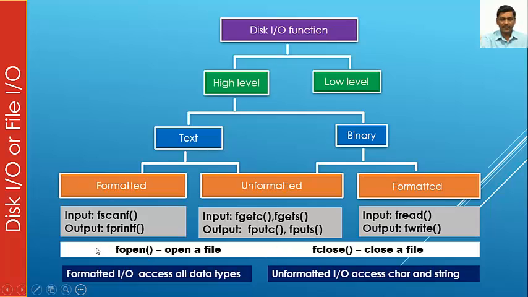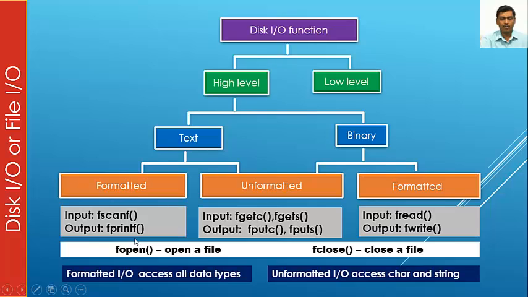First we want to open the file. Files are always stored in the hard disk, that is the external storage device. If we want to open the file, it may be to write or to read: write a text to the file, or read data from the file.